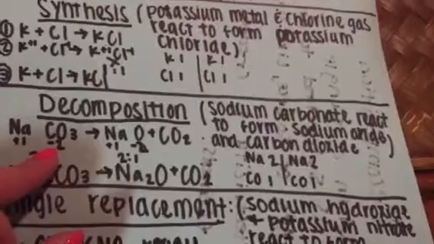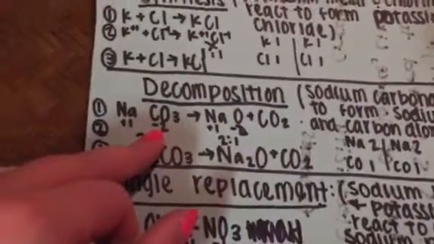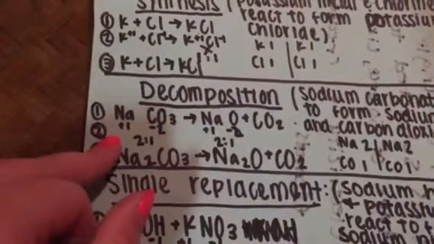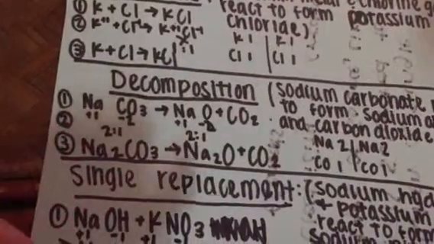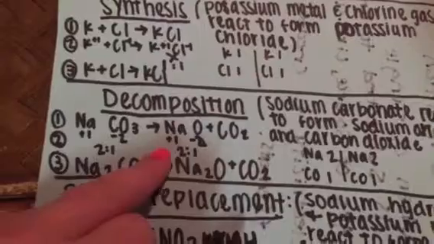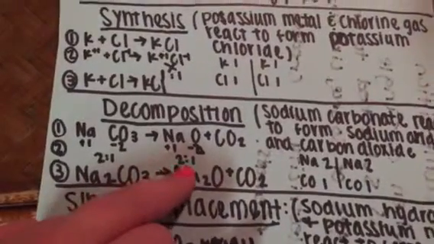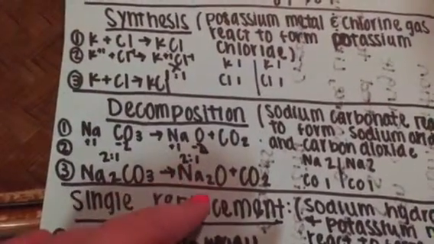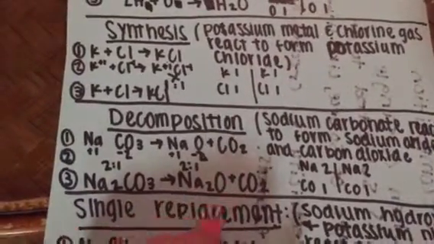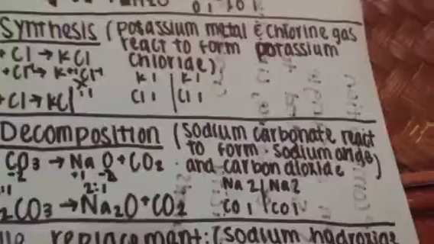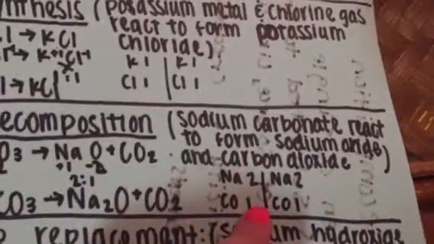CO3 or carbonate is a -2 charge, sodium is a +1 charge, and that's it. And then I look to see if there's a ratio, and there is. So that puts Na2 to O for that one. And then I look to see if it's balanced, and it is in my chart.